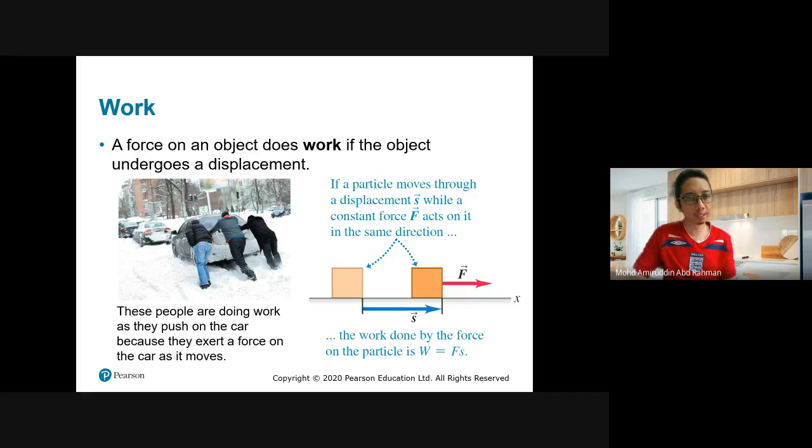We can consider the work from the people trying to move the car. If a particle moves through a displacement s while a constant force F acts on it in the same direction, the work done by the force on the particle is W equals Fs.